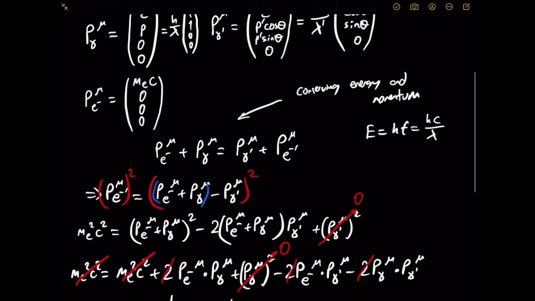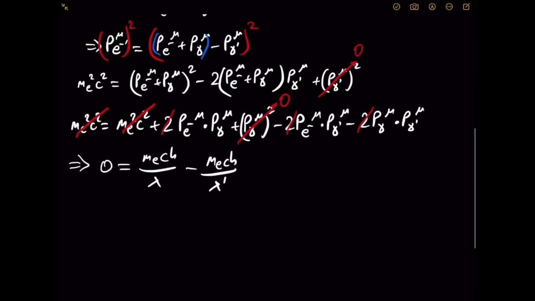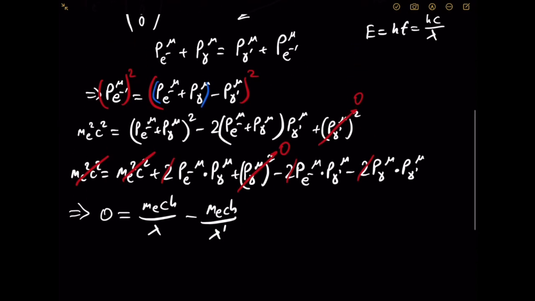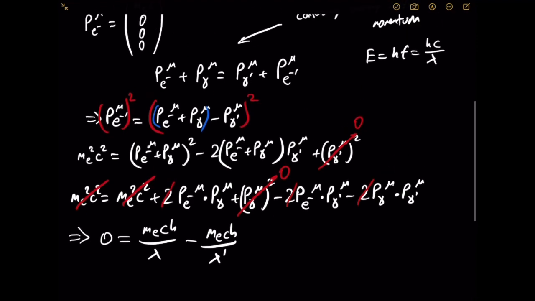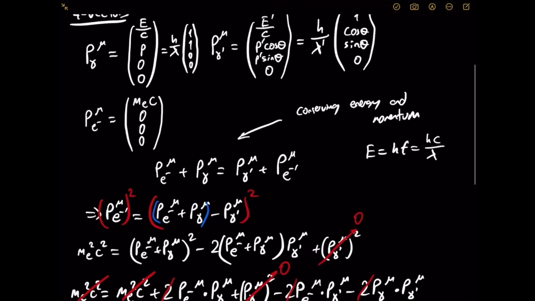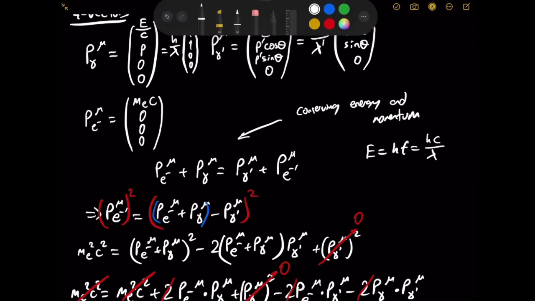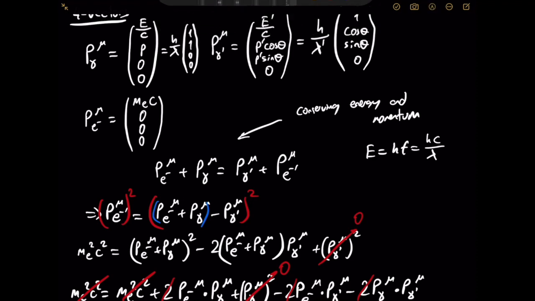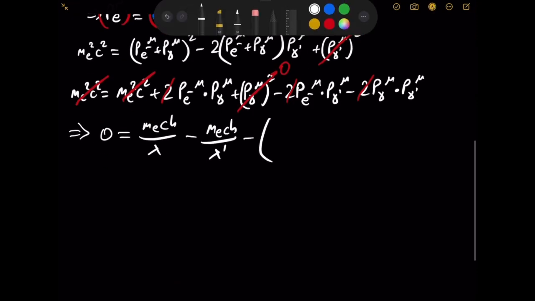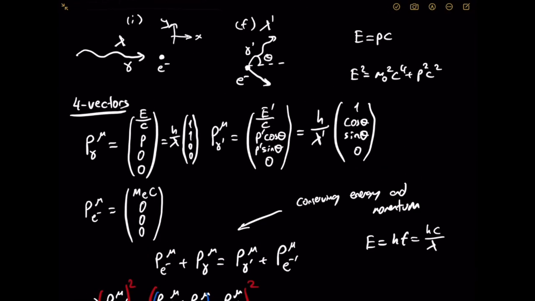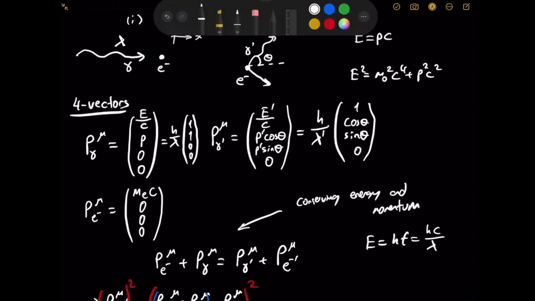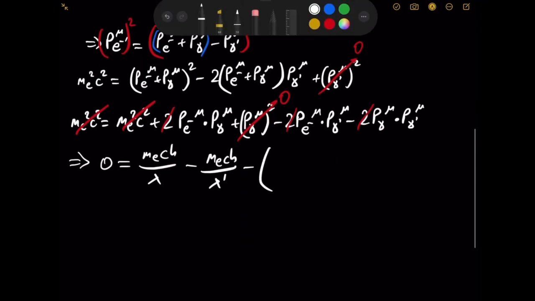But you have to be careful now. The other components don't matter anyway because of these zeros, still 0. Now we need to be careful. So minus the four vectors of the two photons that we're now dealing with. You first multiply the first corresponding elements, which is h squared over lambda lambda prime, and then you subtract, right?